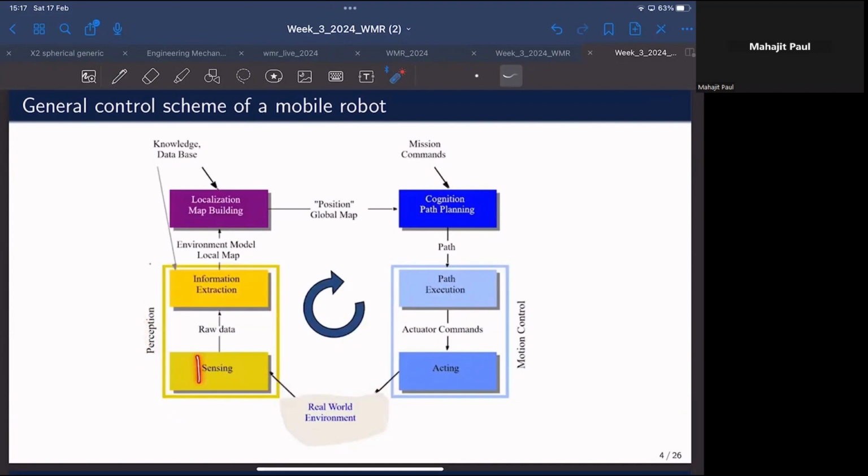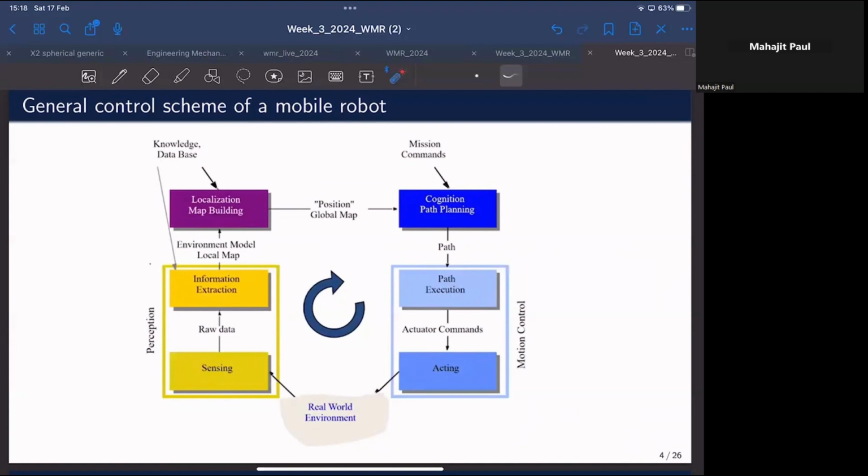Sensing is how, using sensors, you detect what you perceive in the environment. Whatever you get from the sensors is raw data. The entirety of the data may not be useful. You would be looking for specific features, so you need to find a way to extract them.